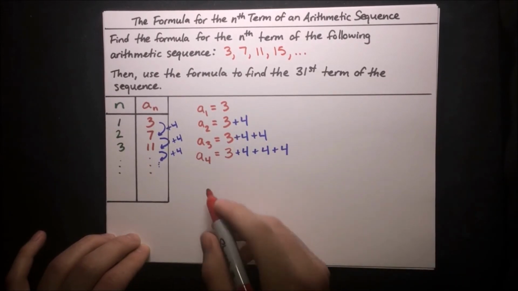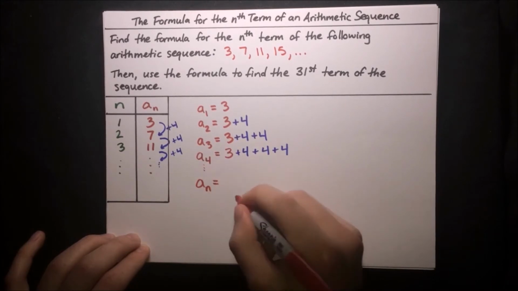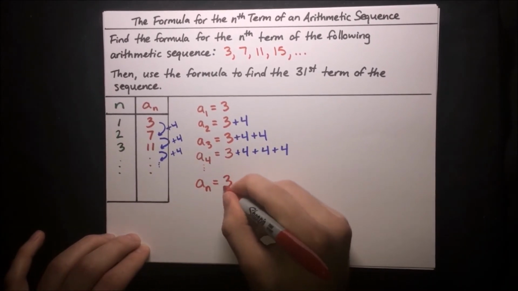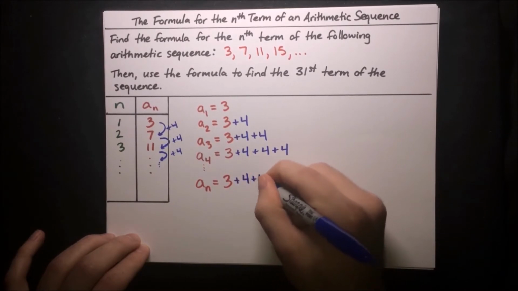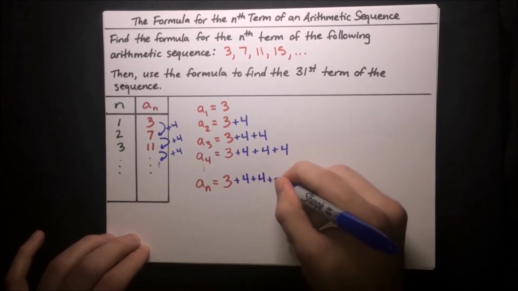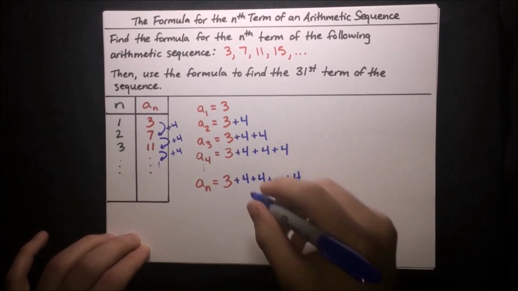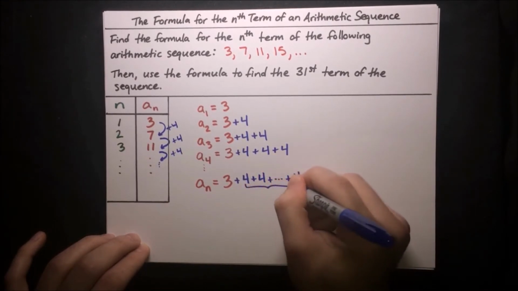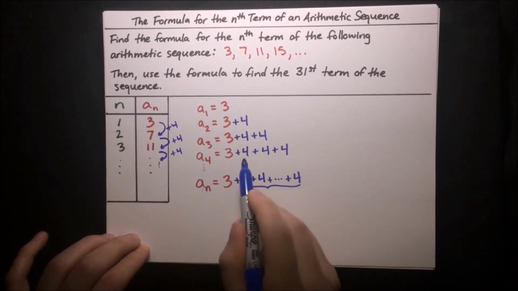So let's see if we can write down a general pattern. an equals, well, of course we're starting with 3, and then we've got a whole bunch of 4s after it. Plus 4, plus so on, even more 4s, and plus 4. So how many 4s do we have here exactly? Well, let's look back. When it was a4, we had three 4s.